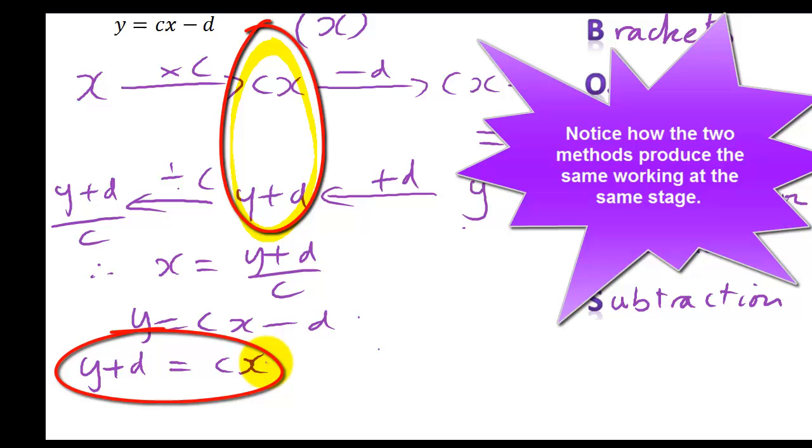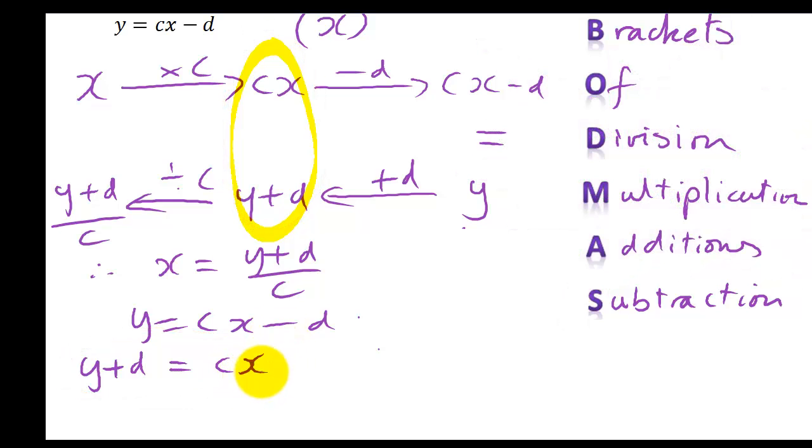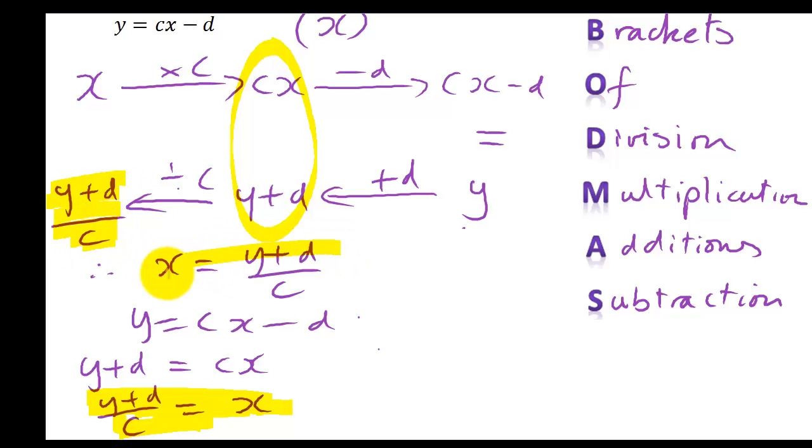Next we undo the times by c, so we divide both sides by c, and we get y plus d over c equals x. And we can see that we get the same answer.